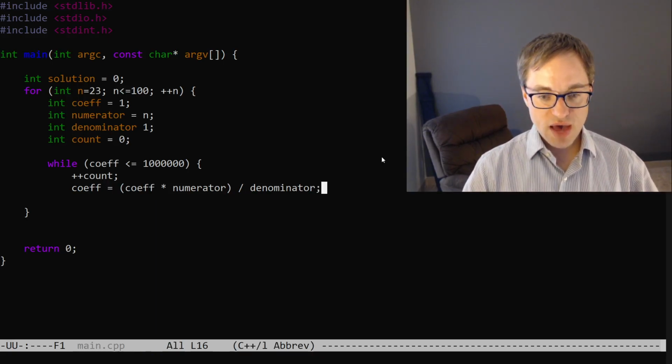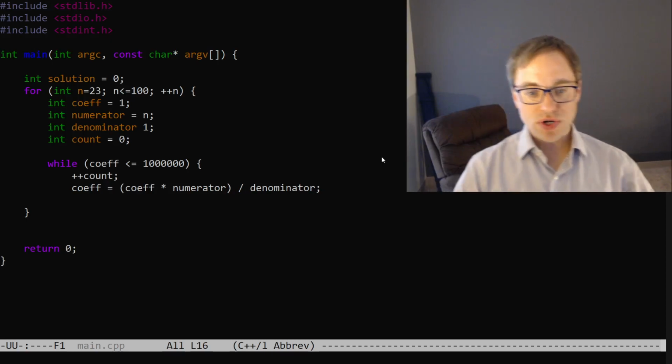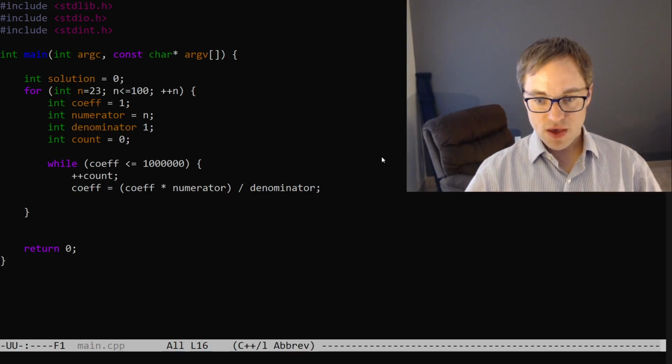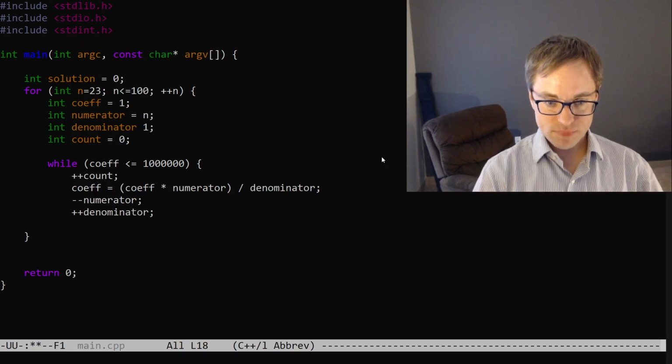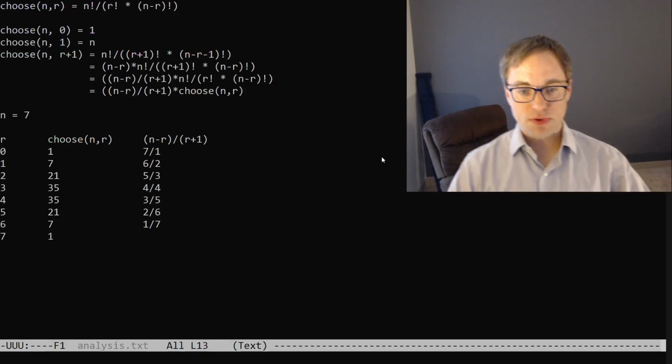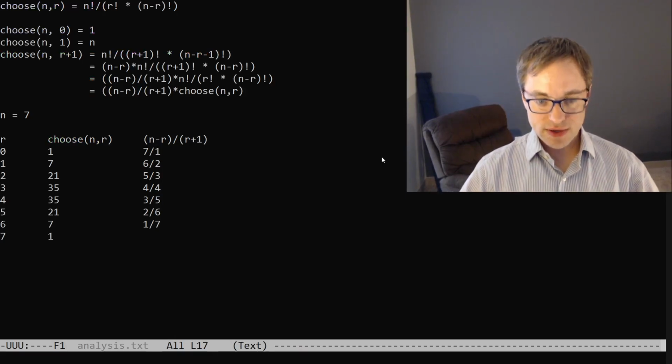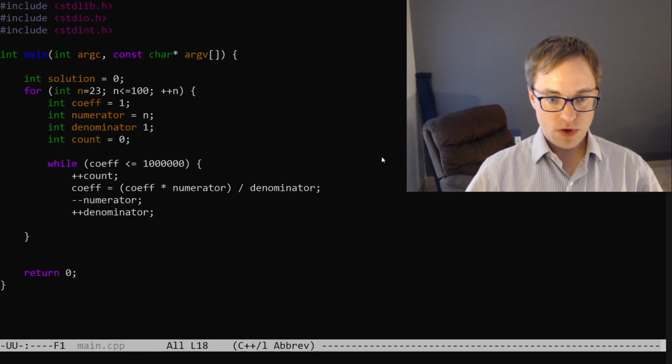Okay, so we have our new coefficient. We're going to want to adjust our numerator and denominator. So we'll decrement the numerator and increment the denominator. You can see, going back to our example, that that's exactly what we did here. Okay.